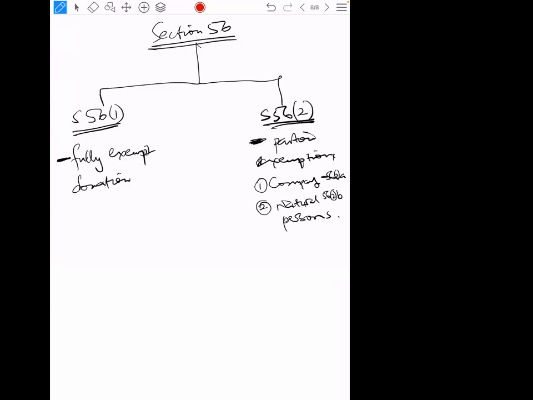Now, for companies, they say if you make a casual donation, a casual donation is a donation that does not exceed 10,000, a portion of it shall be exempt, but we'll get to this later. For now, let's just go and enjoy the cruise of the list of donations that are not going to trigger any donations tax. Section 56(1).